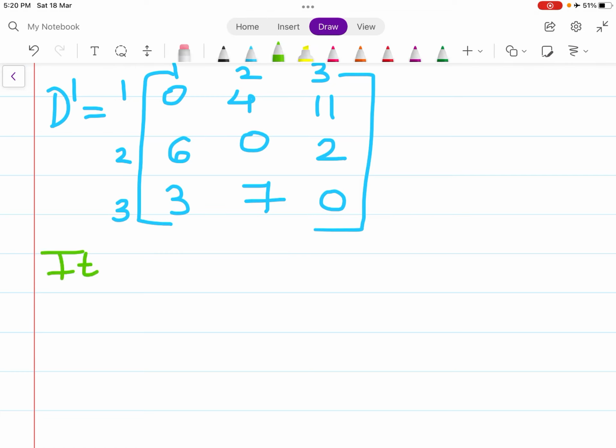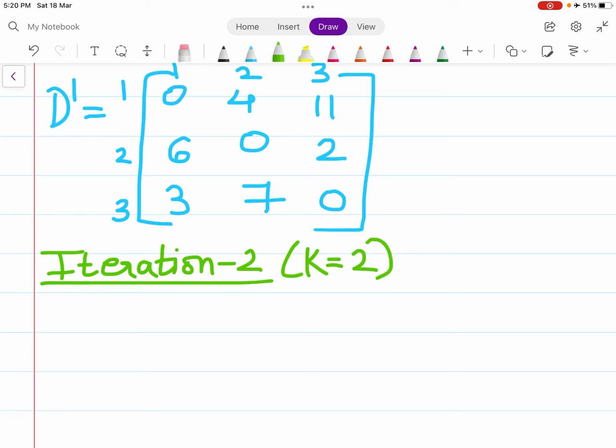Now we will find the result after iteration 2. When we perform iteration 2, the value of k becomes 2. So d2 of 1,2 is equal to d1, k minus 1, so 2 minus 1 is 1.